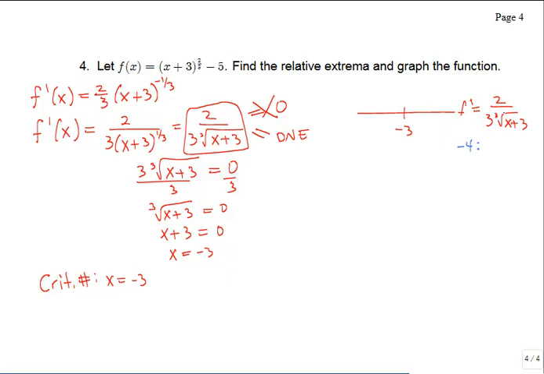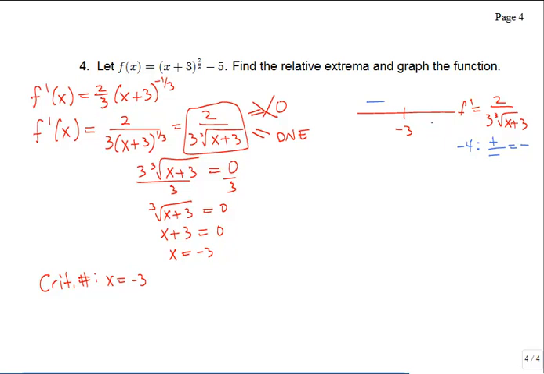If I plug in -4, the top is always a +2, so that numerator is always a plus. In the bottom, -4 plus 3 is -1. Cube root of -1 stays negative, and when I multiply that by a +3, it's going to stay negative. So this quotient will be minus. So we have a minus sign on the left. Now let's try something on the right.